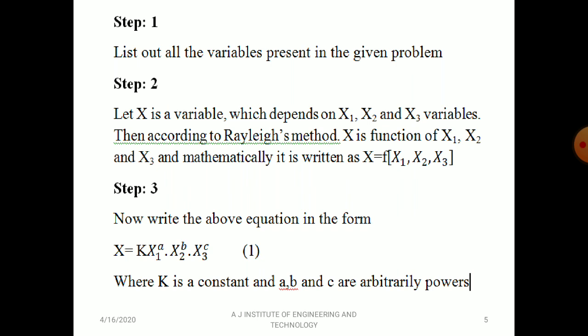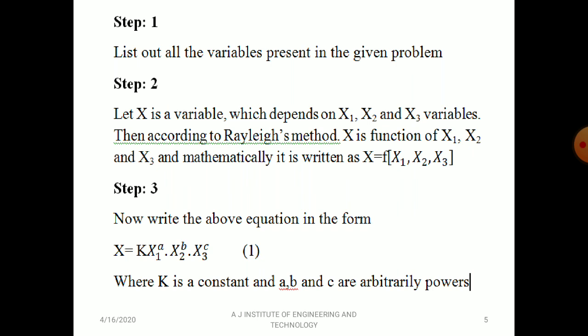So we have to express the dependent variable as a function of the independent variables. That's step 2.